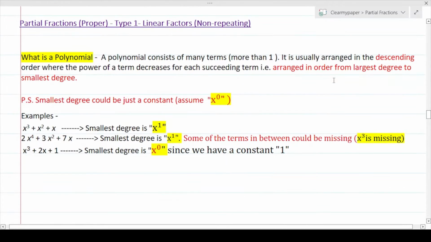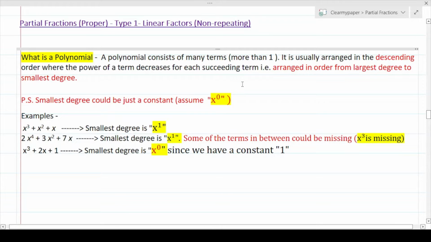Okay, just as a quick refresher, if you remember the very first episode, we talked about what a polynomial is. I'm borrowing some of the concepts again to make sure the dots are connected. A polynomial is nothing but an expression which consists of many terms. Typically it could be more than one term, and that's all a polynomial is.